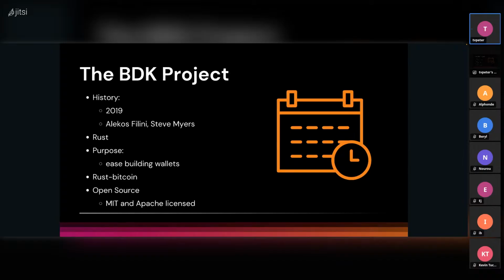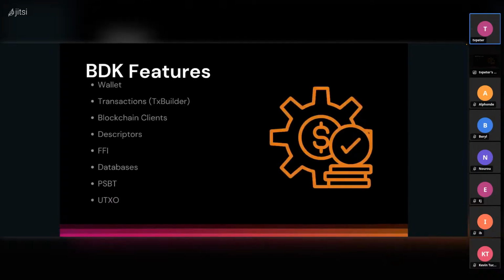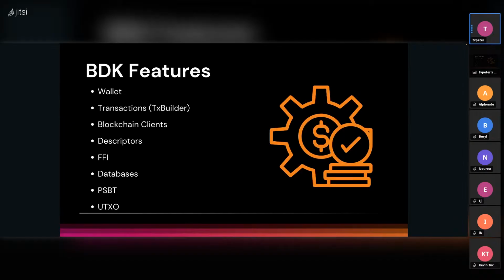Next, we are looking at some of the features of BDK. Like I said earlier, the BDK project is built on the foundation of Rust Bitcoin, and some of the features they have added make it easy for you and me to build applications.